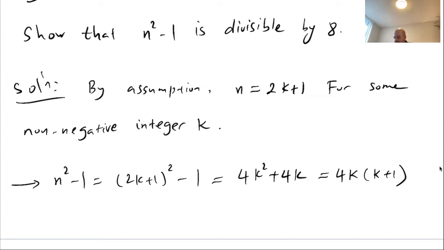Now, if I can show that the remaining factor, which is k times (k plus 1), is a multiple of 2, or in other words an even number, then we can say that n squared minus 1 is a multiple of 8.